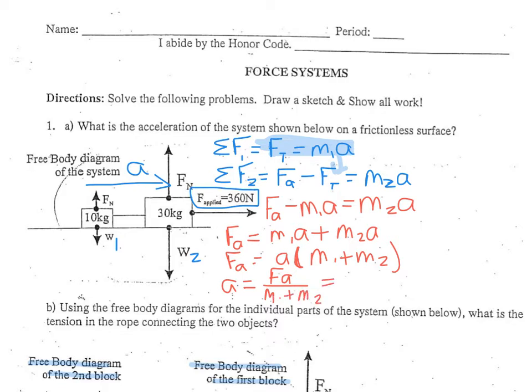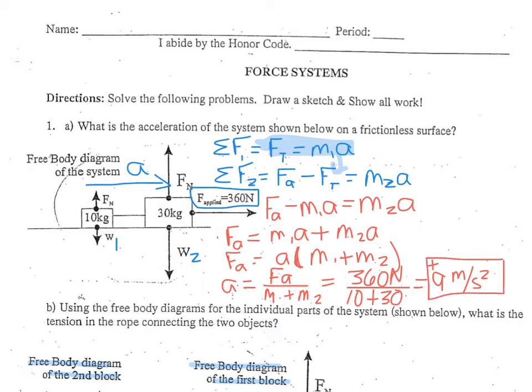Okay, so there's our equation. All we need to do is plug in the given information. We get 360 divided by 40, 36 divided by 4 gives us 9 meters per second squared.